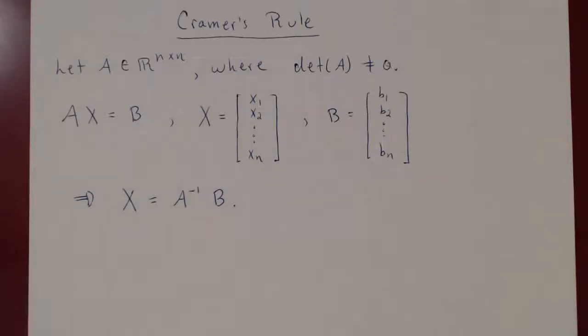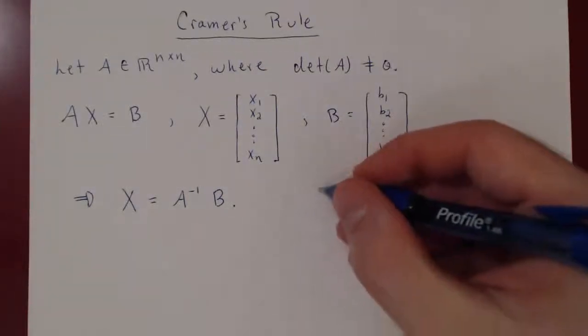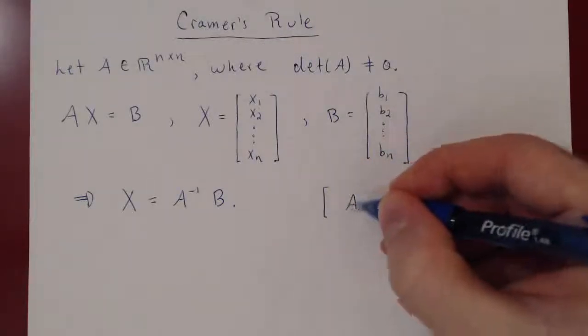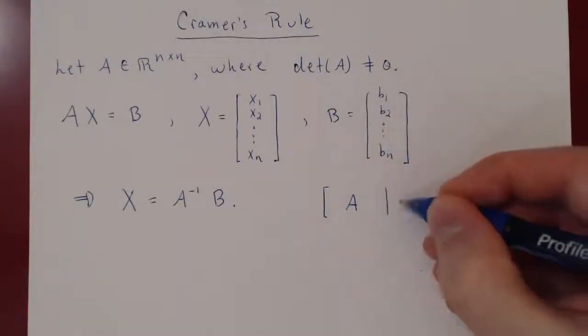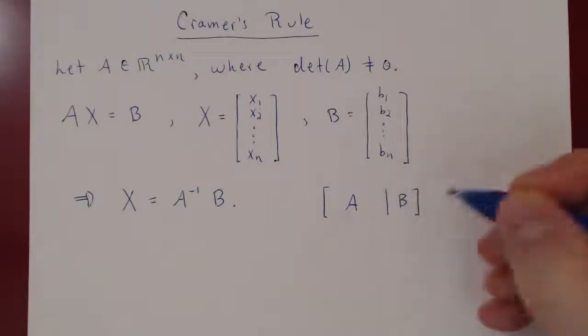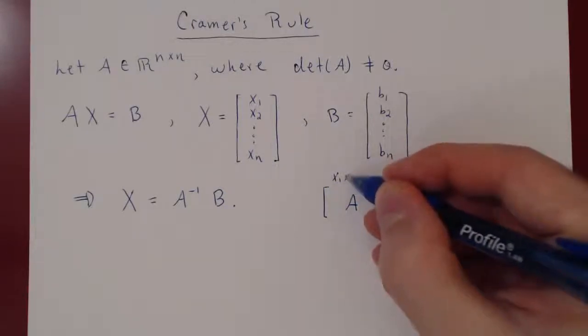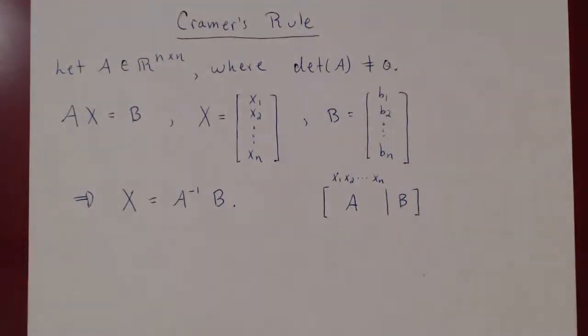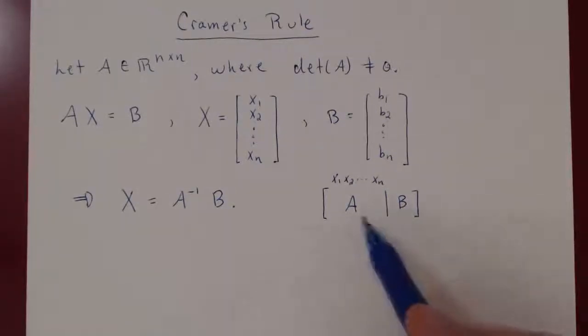We can also solve the system the old-fashioned way by simply building the augmented matrix, where A is the matrix of coefficients, b is the column of constants, and of course labeling our columns for the variables. And that is yet another way of solving the linear system. So as this stands, we have two ways of solving the system.